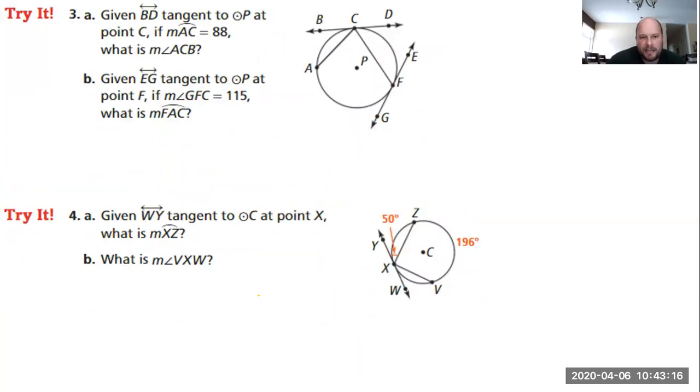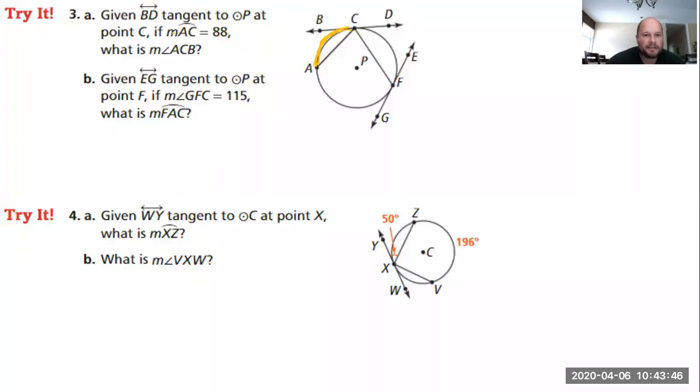On the next one, the try it 3. Given, so now we have some tangent lines. Given tangent, so BD is a tangent line to circle P at point C. If the arc AC, so on my circle, let me highlight it again. I like using colors on this anytime I do it, and I highly recommend using highlighters or colors whenever you do work, if you draw pictures, because it gets a little confusing if you're using the same image for multiple diagrams.